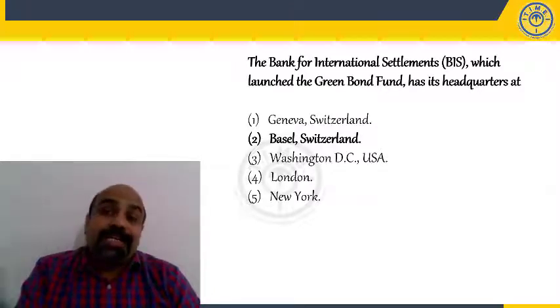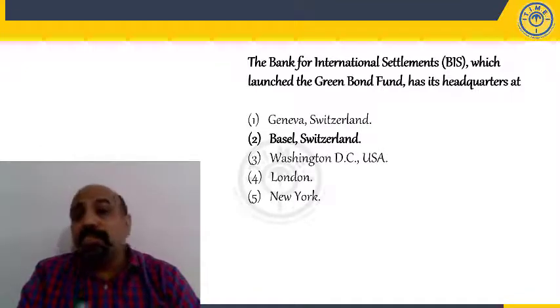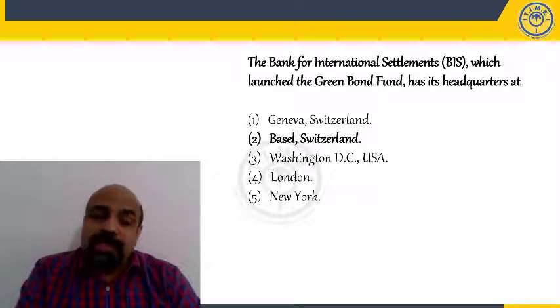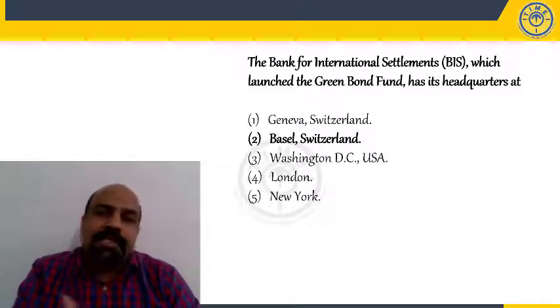So it's a central bank for central banks. The central banks of 62 countries are its members. So they discuss issues concerning monetary and financial aspects.